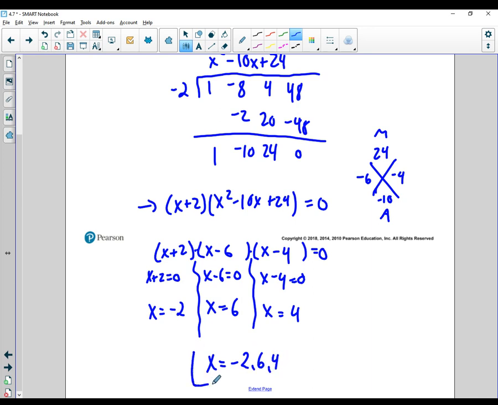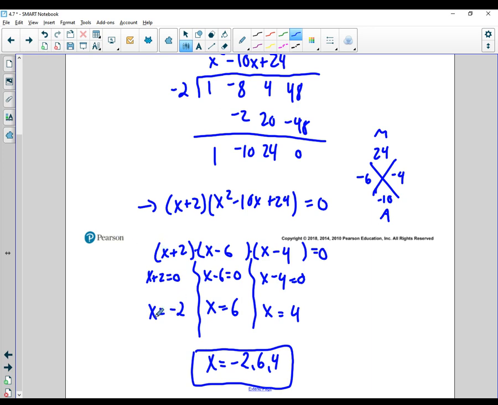And the reason that works is because we have this whole thing set to 0, right? Because we're finding the zeros. And when you have 0 times anything, it is 0, right? So if I make any of these things in parentheses 0, it works, right?